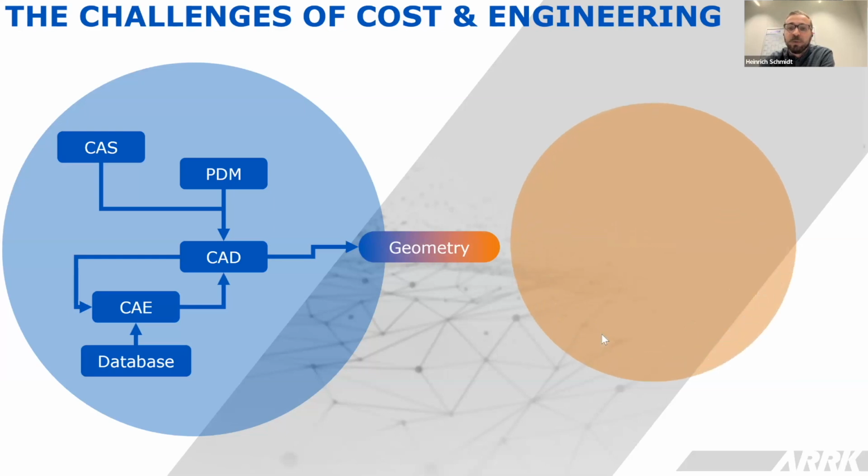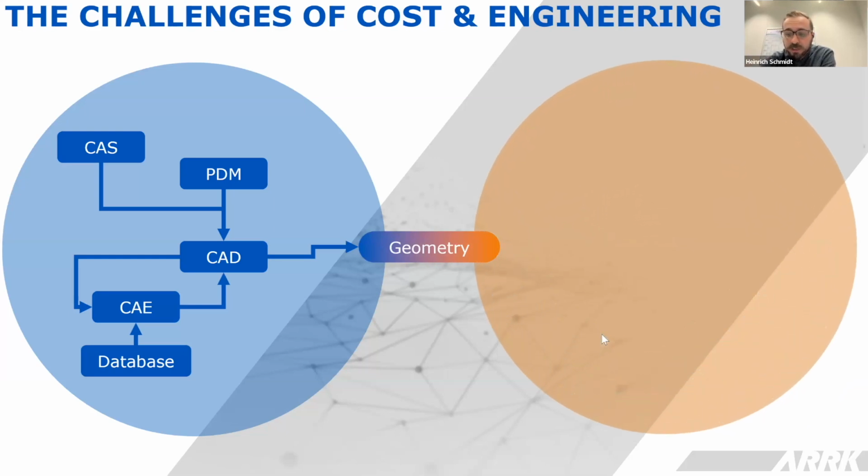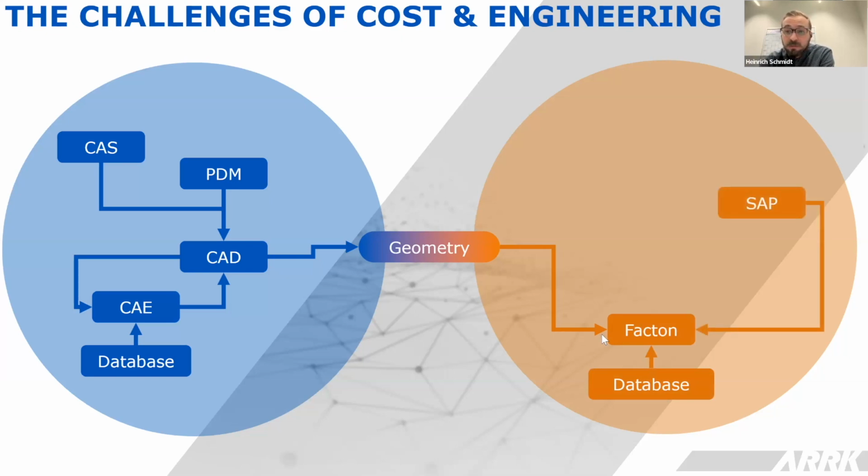And then we enter the world of cost engineering, and they have a similar set of tools. Probably they use a tool like Factin, which could calculate the part cost, and Factin also uses some kind of database where they retrieve data from, probably some materials, some suppliers they have. But probably they also retrieve the data, hey, which suppliers do I have to get the part out of?